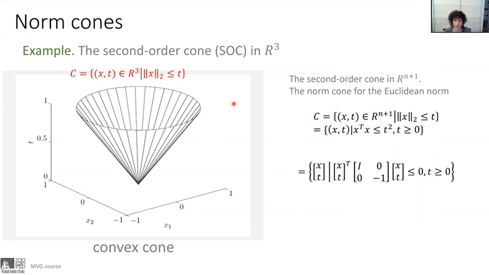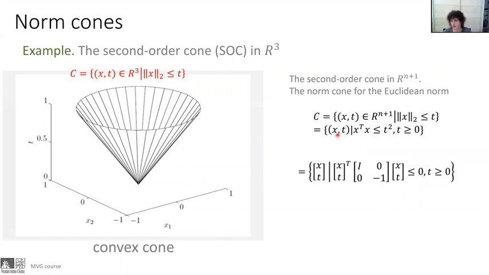I'll explain. So this is for R3. Now I want to write it for R^(n+1). This is just the definition of the norm cone: x and t such that the norm of x is smaller than t. This is a scalar, okay? And you can also write it in a kind of quadratic form.